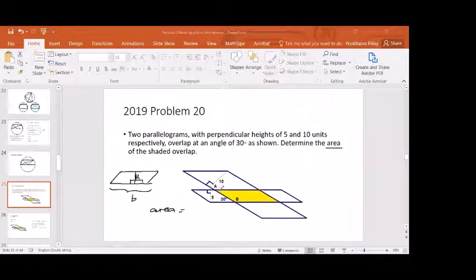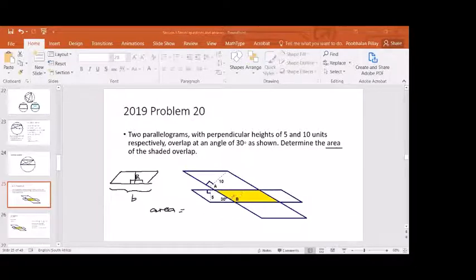But if I take this as base, the height will be the perpendicular distance between this parallel line and that parallel line, and that'll be 10. All right, so that's a piece of information that you have.